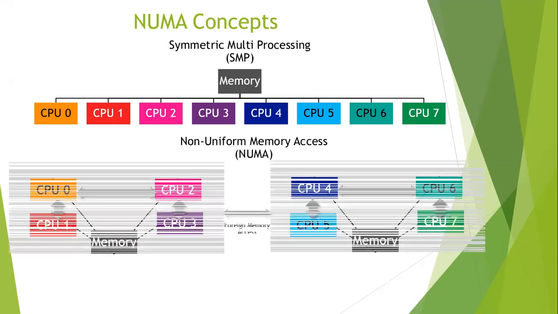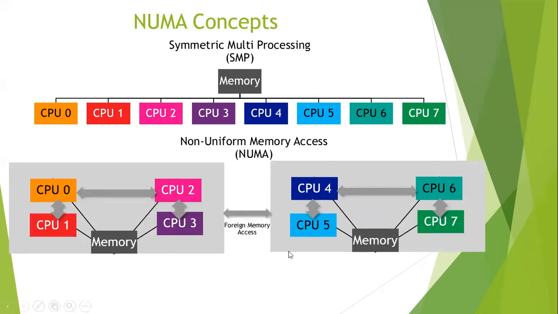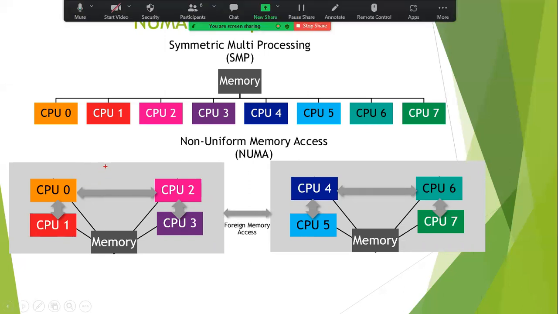How does this work? See here, instead of allocating and grouping all CPUs together, we are dividing the number of CPUs into multiple groups. We call it a Numa node. This we call 0, this we call 1, right? It depends on how many nodes we have.